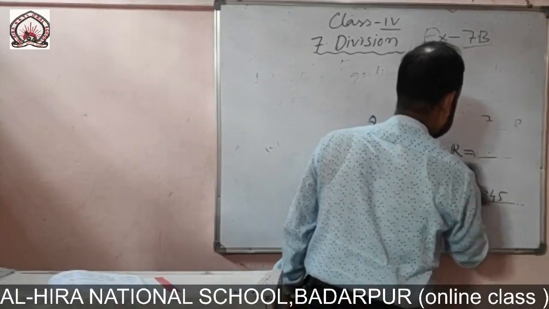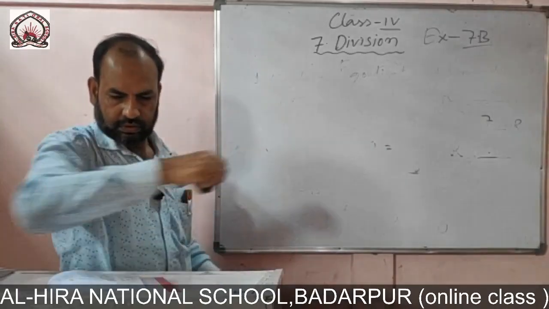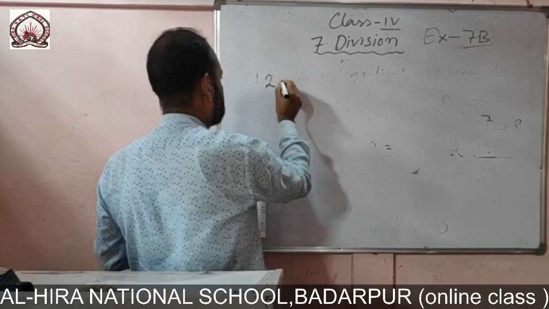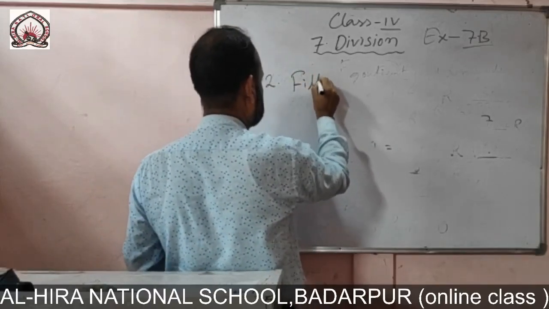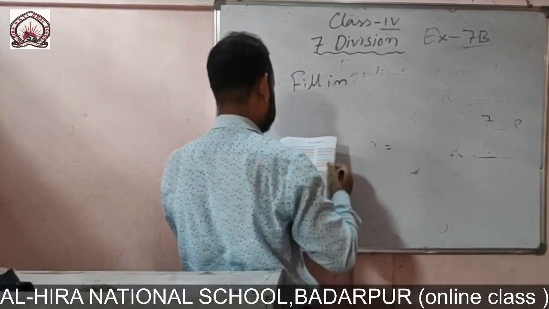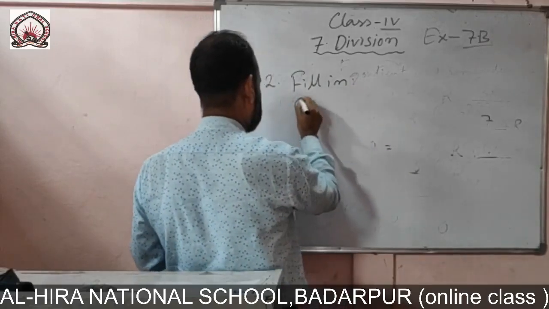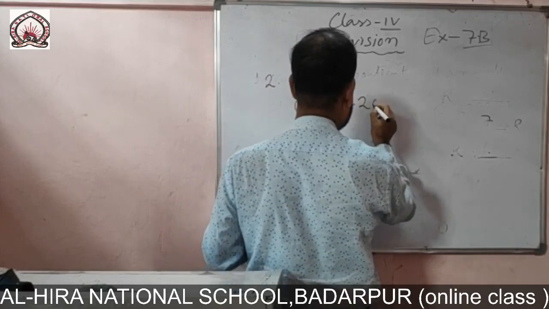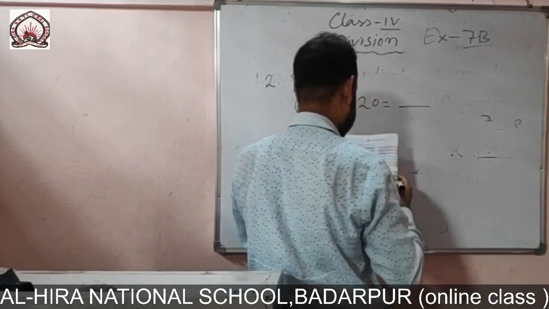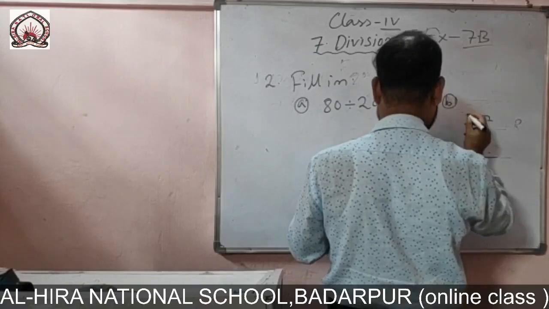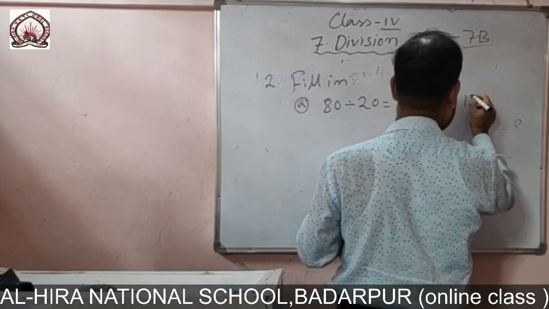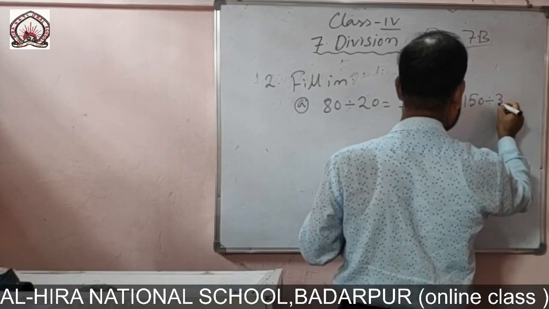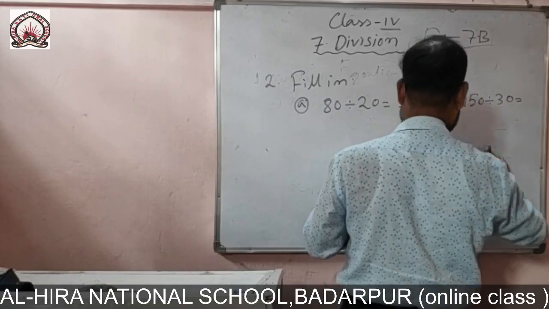Next question number 2. Fill in. A, 80 divide 20 equal to dash. B, 150 divide 30 equal to dash.